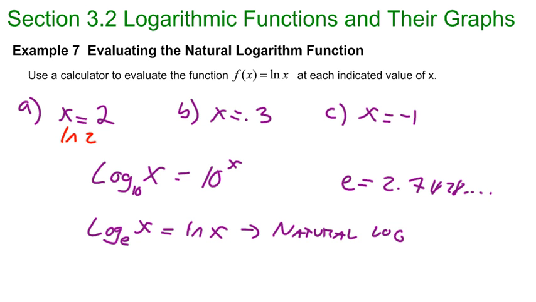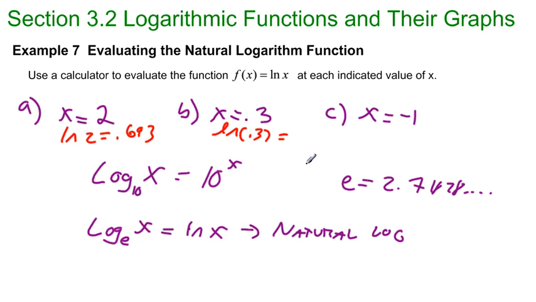So ln of 2, that's going to be 0.693. Please go ahead and do that yourself to make sure you are entering it into your calculator correctly. ln of 0.3, go ahead and try that one.